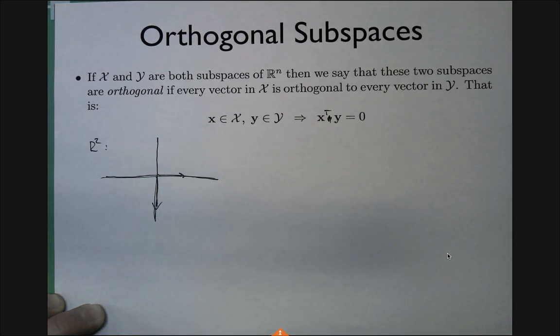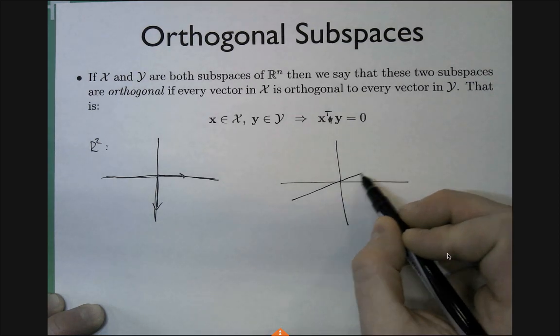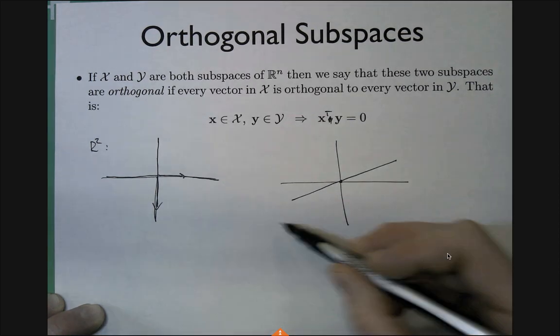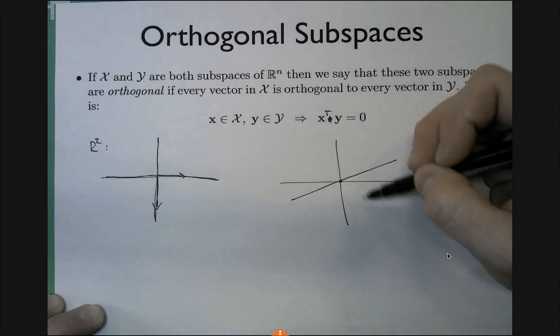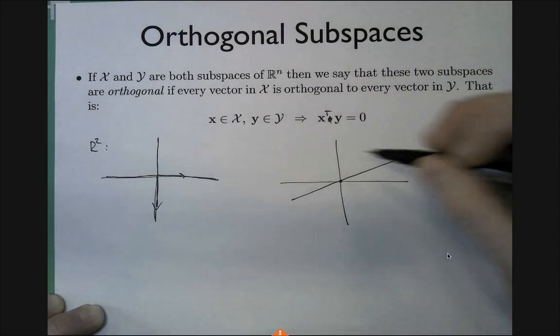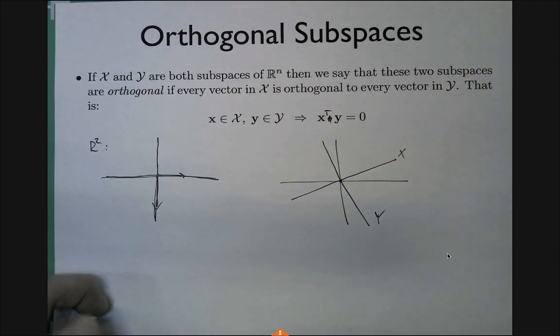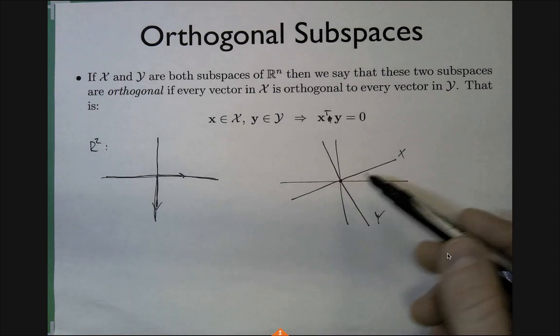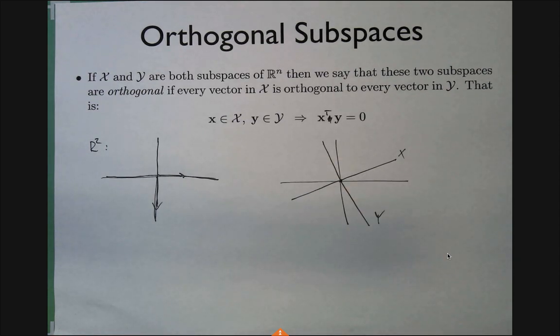Some more interesting example would be, pick some line like this. That's one subspace. And if I want another subspace which is orthogonal to it, let's call this the X guy and orthogonal Y. All you need is two orthogonal vectors, and they would generate two orthogonal subspaces.